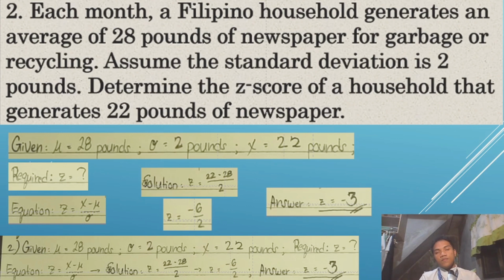Now, if we substitute the values, x, which is our 22, then 28, which is our mean, we're gonna get the answer of -6. 22 minus 28. Now, if we divide it by 2, we're gonna get the simplified answer, which is -3. So we have the z-score of -3 if a household generates 22 pounds of newspaper.